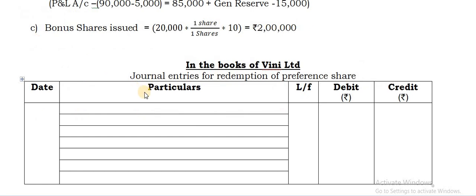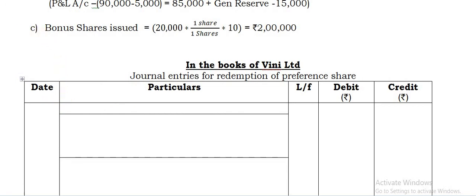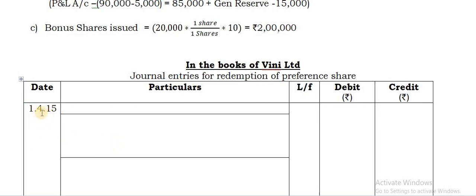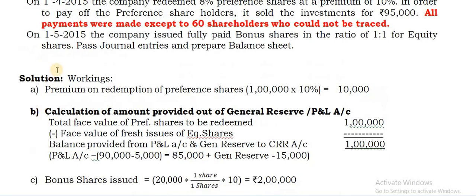Well, you can start with the journal entries. As per the dates being given, you can take up. All the entries you take on 4/15, except the last 2 entries, which are for bonus issue, bonus shares. Only for that you can take 1/15.